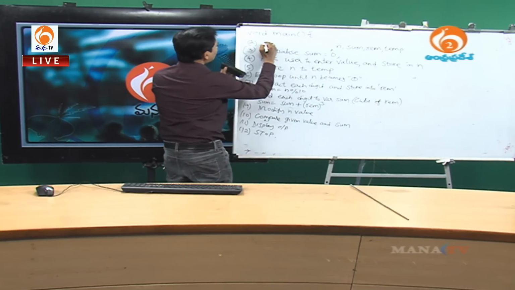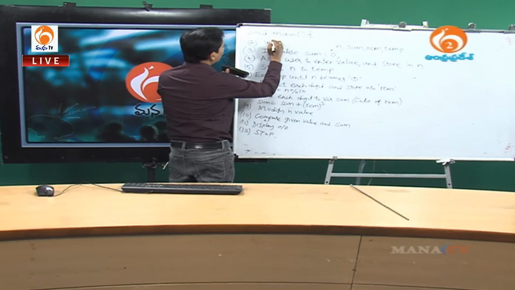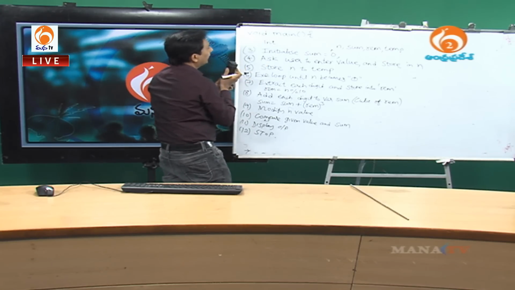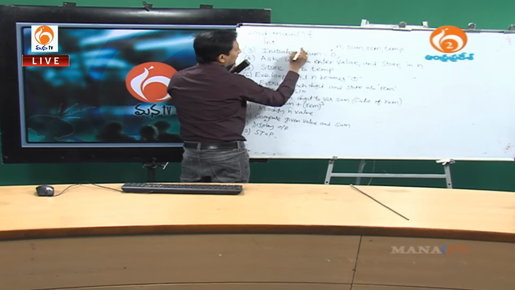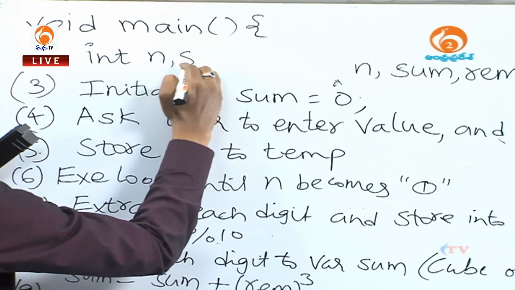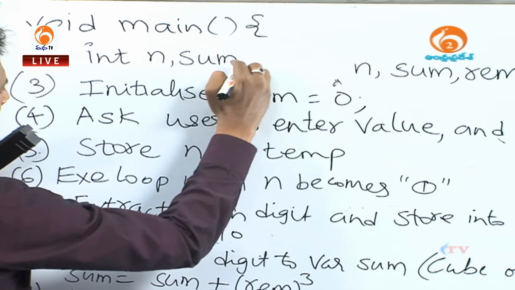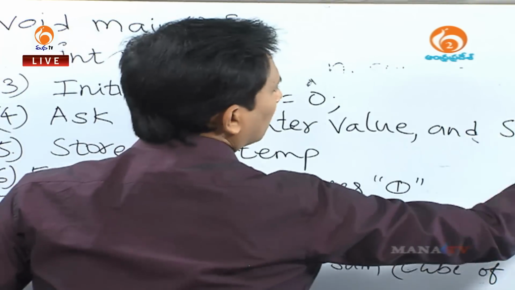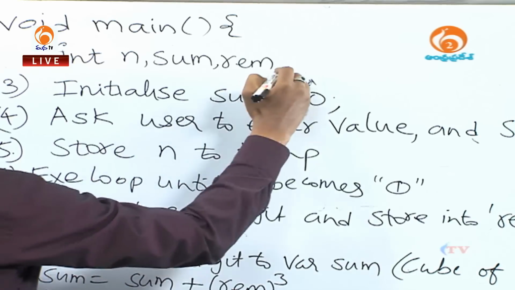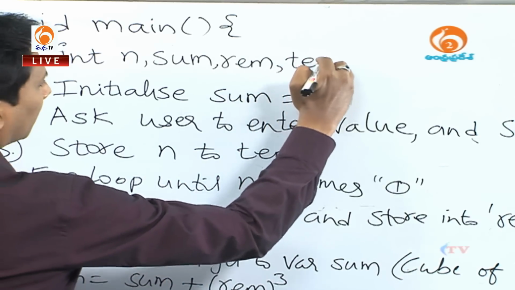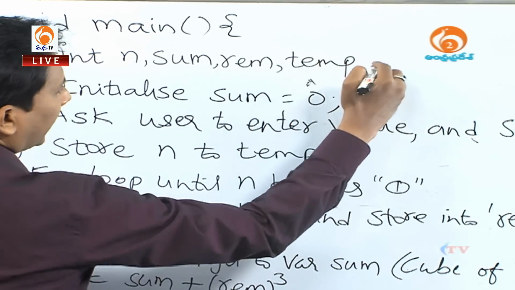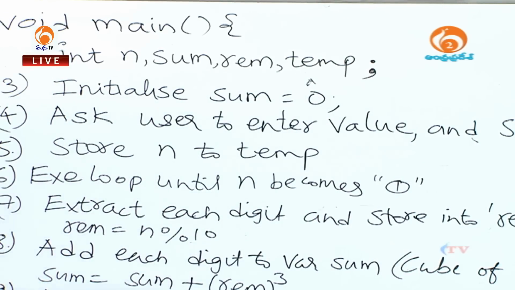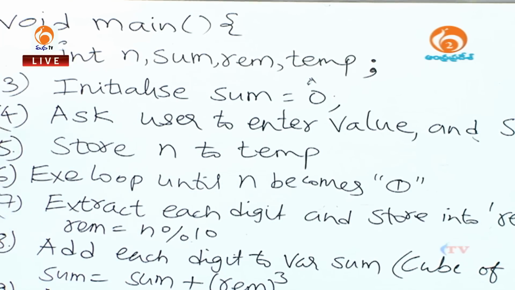That is int, with small letter int, n, sum, remainder and temp, separated by the comma operator, because the end of a statement is indicated by a semicolon. Next, step 2 is finished.